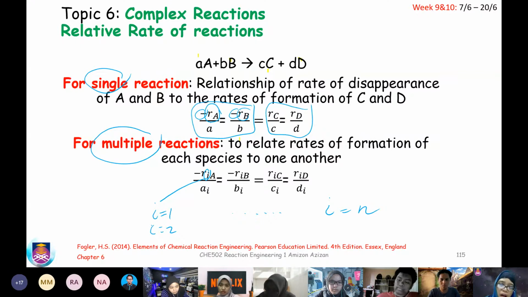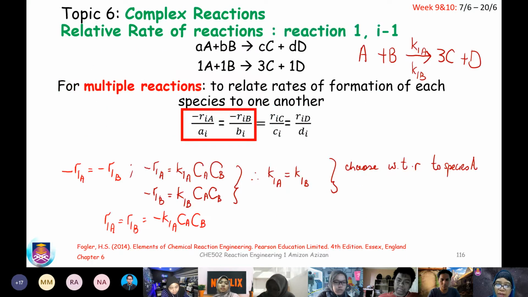Both are explaining the same thing. The only difference is that this is for one single reaction, and this is for multiple reactions. All right, so we're going to go to the relationship.